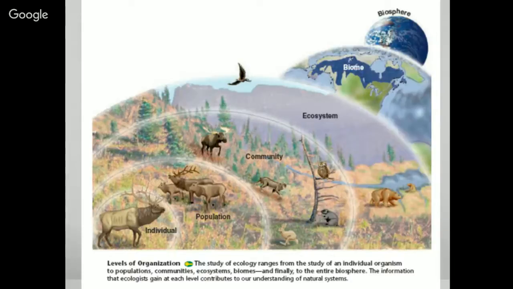An ecosystem is where we get into both the living and non-living parts of the environment. So it's all the plants, all the animals, all the bacteria, plus all the rocks and water and everything else that is inside of the ecosystem. Biomes are a collection of ecosystems. They typically have a similar climate, and they're distributed around the planet in regions. And then you have the biosphere. The biosphere is the entire planet as one system of living things.